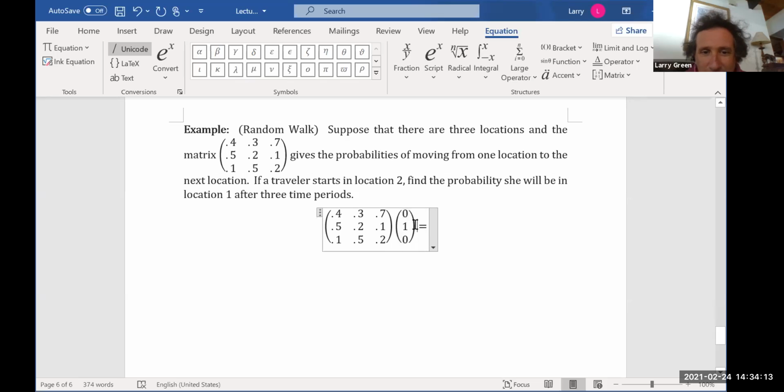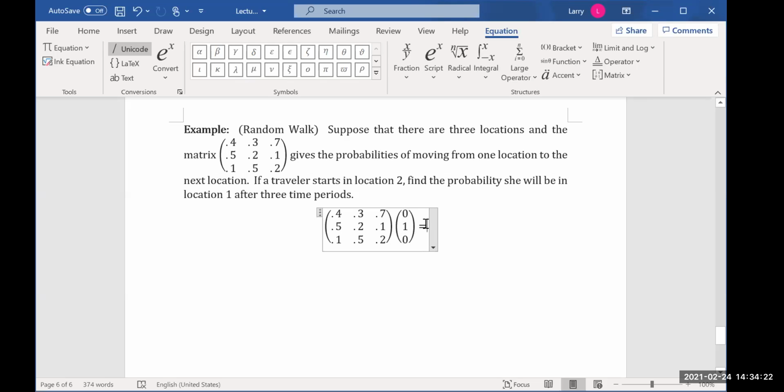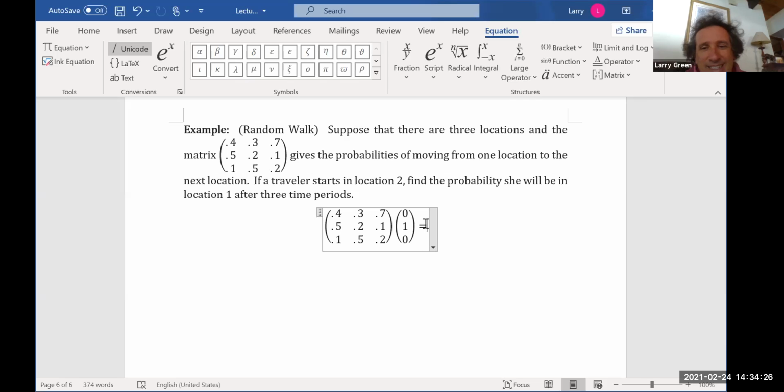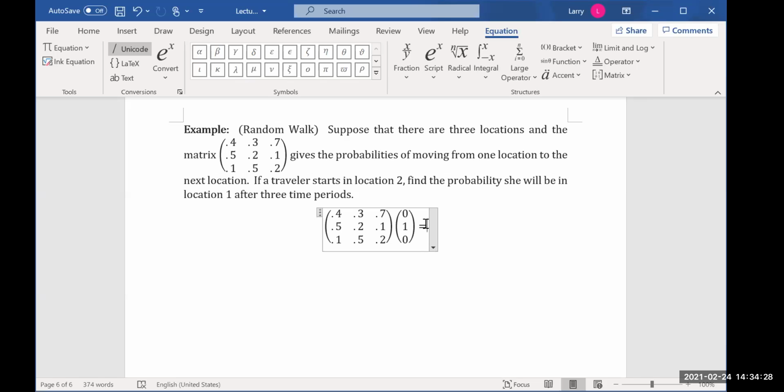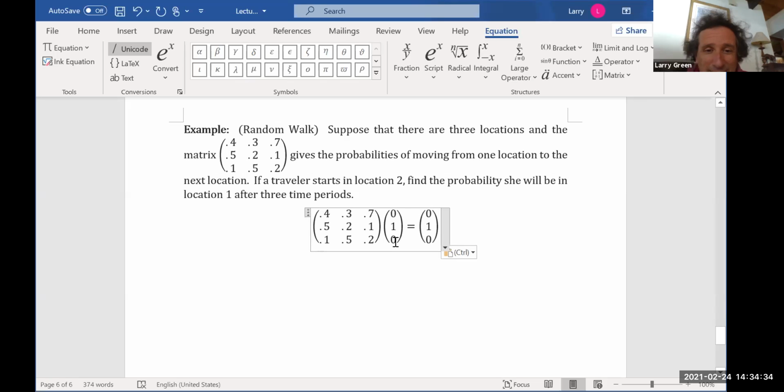How do we, hopefully you all know how to multiply these? 0.8 in the 0. It's a vector, not a number, it's a vector. So we're going to multiply. We're going to take the first row, 0.4, 0.3, 0.7, dotted with 0, 1, 0.